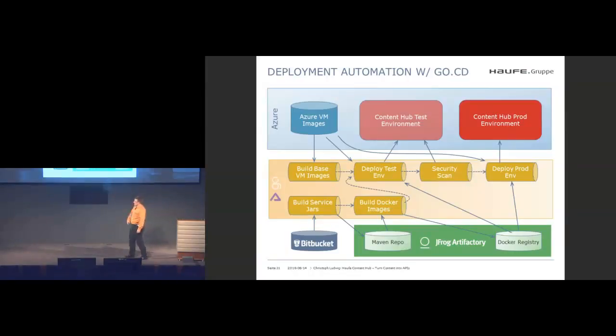And once everything is okay, there's finally a pipeline that will deploy things in the production environment and switch machines. Depending on which artifacts we build, it will either change the MarkLogic machines, or it will replace the Docker images, depending on what we did.